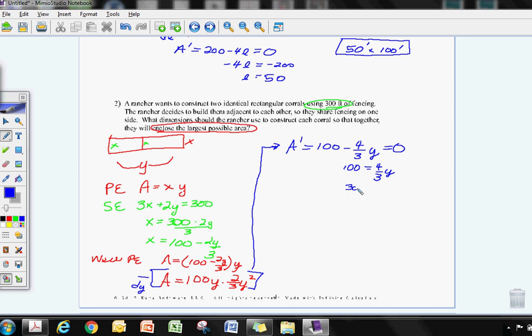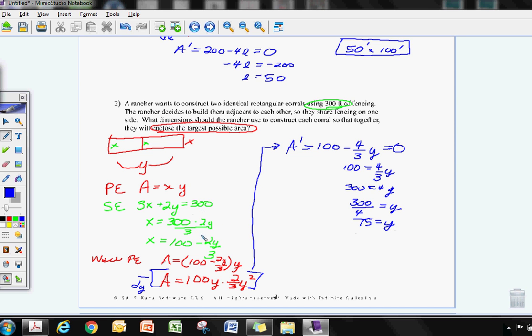So 300 would equal 4Y. And 300 over 4 is going to equal Y. So I have my Y value. 300 divided by 4, I hope you guys know that that's going to be 75.